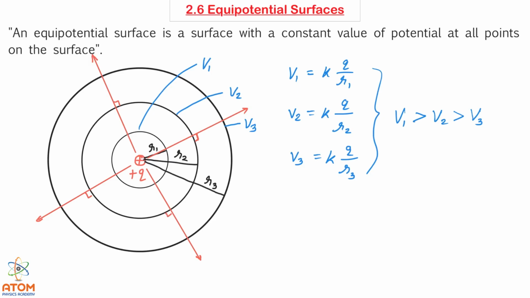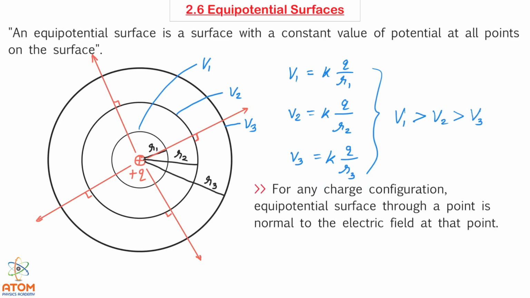So, here comes one statement: at any point on the equipotential surface, the electric field line is perpendicular to the surface at that particular point. So we can note this as an important point that for any charge configuration, the equipotential surface through a point is normal to the electric field at that point. Now one more thing.